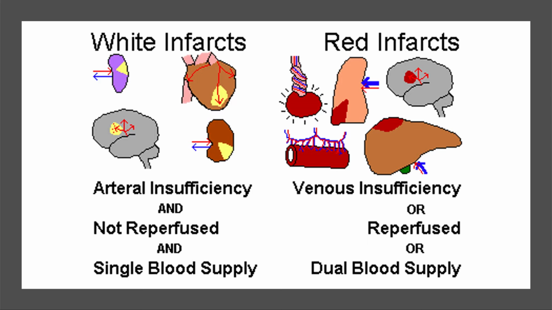It also occurs in previously congested tissues, as a consequence of sluggish venous outflow, and when flow is reestablished after infarction has occurred, for example, after angioplasty of an arterial obstruction.